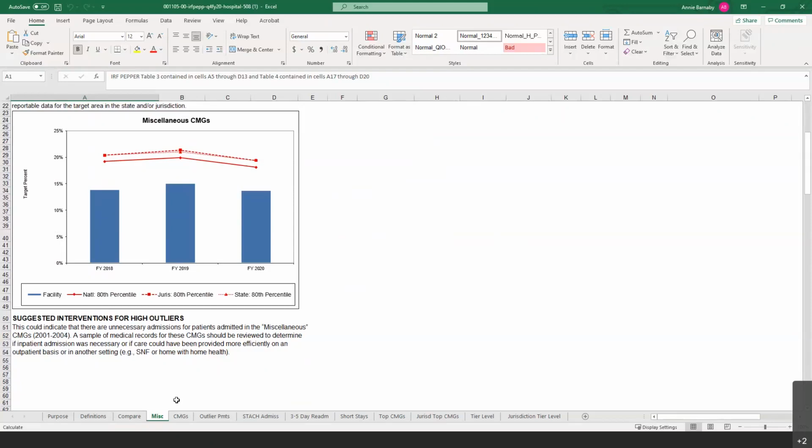Sample some medical records, review those, determine if the inpatient admission was necessary. We give you that information because we want you to use the PEPR, and we know that it can be a little overwhelming. This is a lot of information, of course. We provide those suggested interventions so that you can take the PEPR and use that internally to review your billing patterns and see if there's anything that you need to be concerned about.